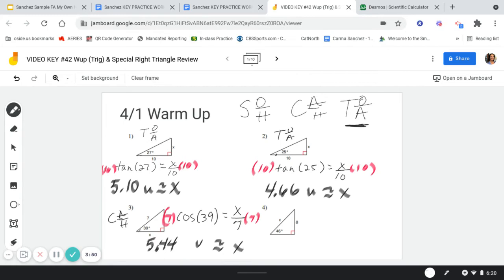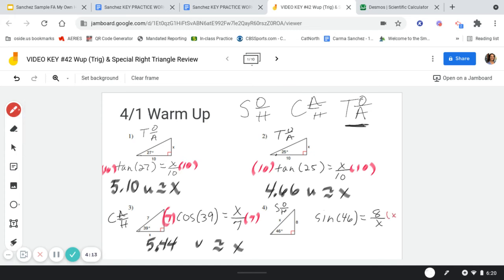And finally, over here on this one with a reference angle of 46, we're noticing that we have the opposite over the hypotenuse. So this is going to be our sine function. So sine of 46 degrees is equal to opposite over hypotenuse. Now this one is not only the sine function, but you'll notice that the variable's in the denominator.